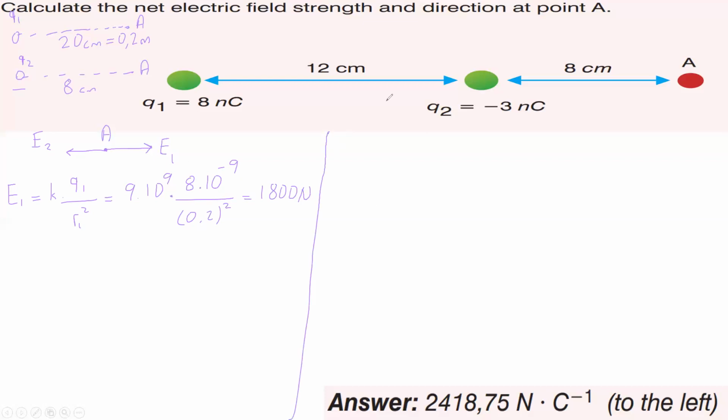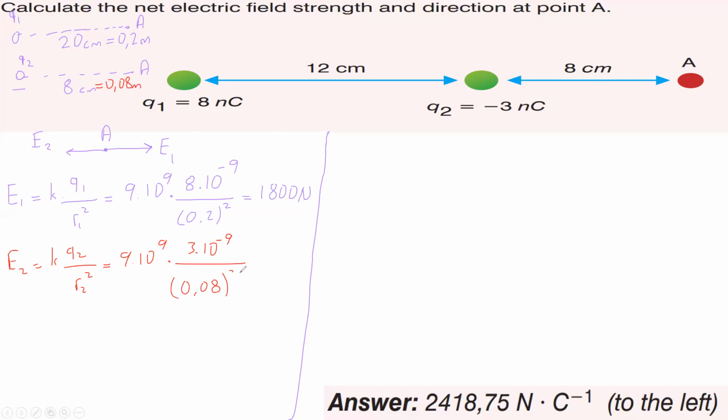Now we are calculating E2. Let's get a different color. E2 is coming now by using the same formula, K Q2 over R2 squared. K equals 9 times 10 to the power of 9, and Q2 is what we have, 3 times 10 to the power of negative 9. We are not using the negative. Please remember that. We are not using the negative, the negative and positive just help you get the direction of the electric field. And what we have is 0.08 because it is 8 centimeters. When you convert it, you get 0.08 meters.